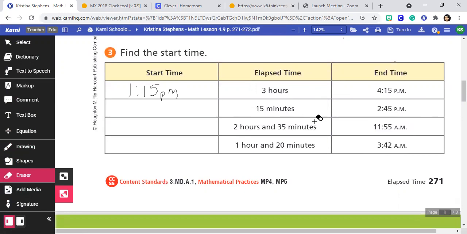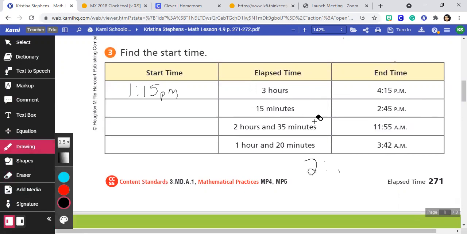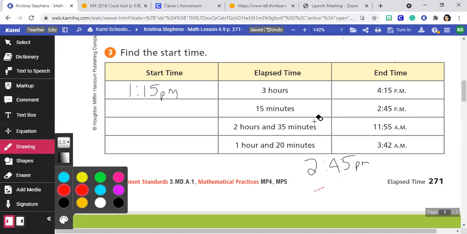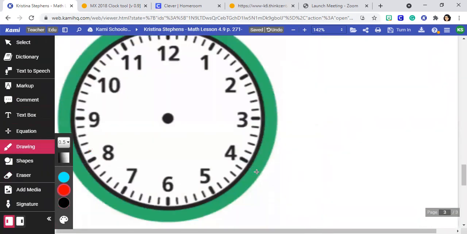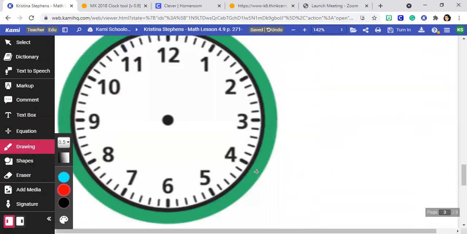Well, this is one that I could think about with some subtraction. 2:45 p.m. And if I go back 15 minutes, I don't cross the hour. So it's not going from 2 o'clock to 1 o'clock. What is it going to be? Well, I think I want to look at that here. Here is the 45-minute mark right here.